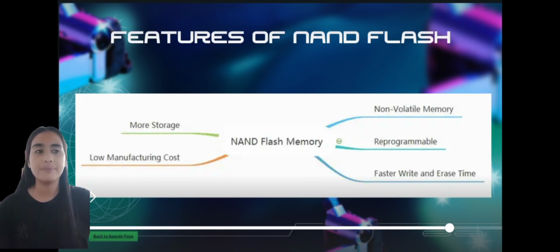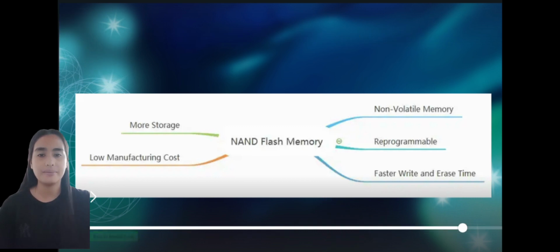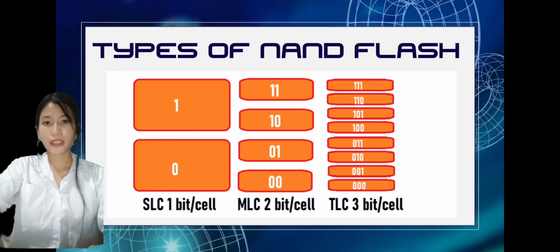Features of NAND flash: NAND flash memory offers more storage, low manufacturing cost, is non-volatile, reprogrammable, and has faster write and erase times. For the types of NAND flash, the first one is the SLC bit cell, single level cell.